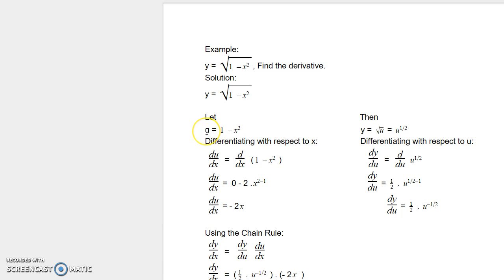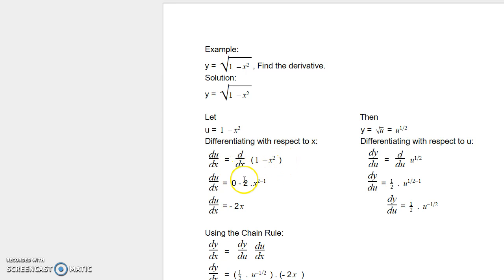We have u as a function which is 1 minus x squared, and we have y as an outside function which is u to the power of 1/2. u is a function of x and y is a function of u. We're going to differentiate this u function with respect to x, and when we do that, du by dx is equal to d by dx of 1 minus x squared.